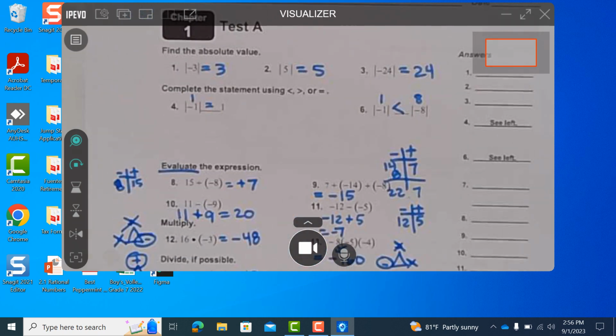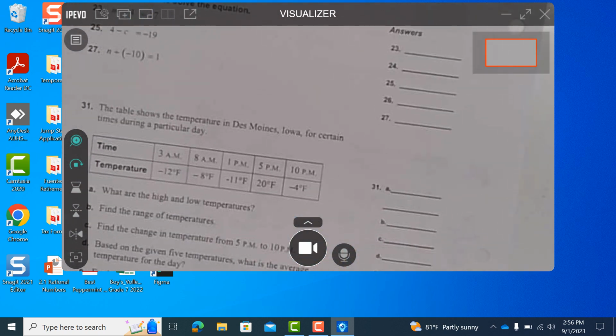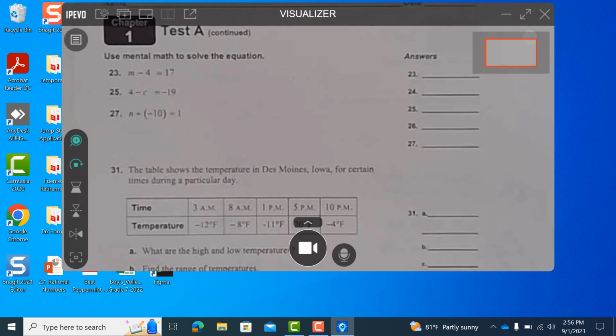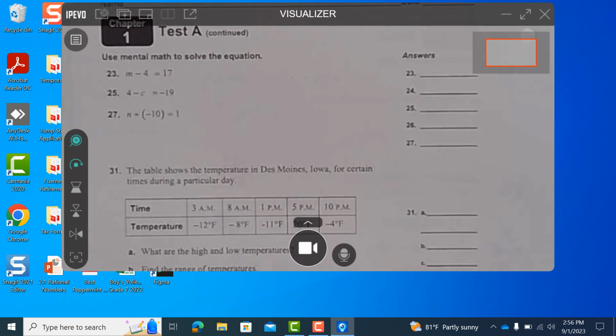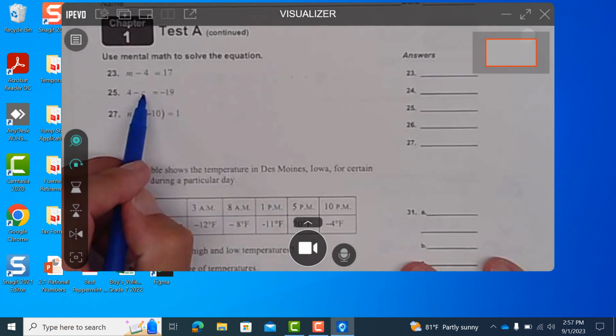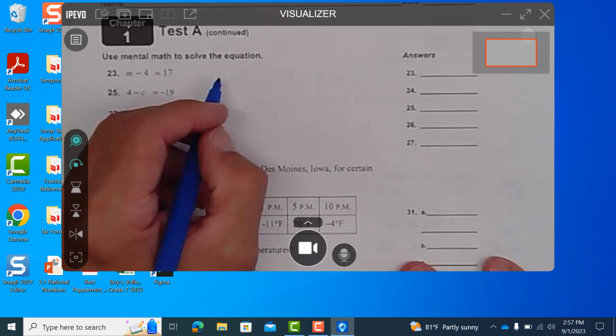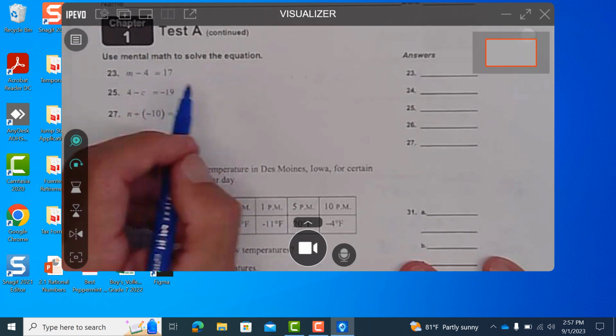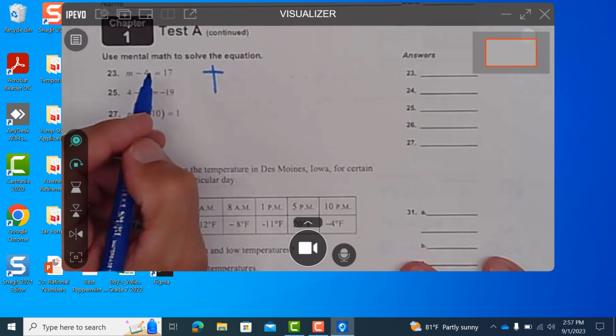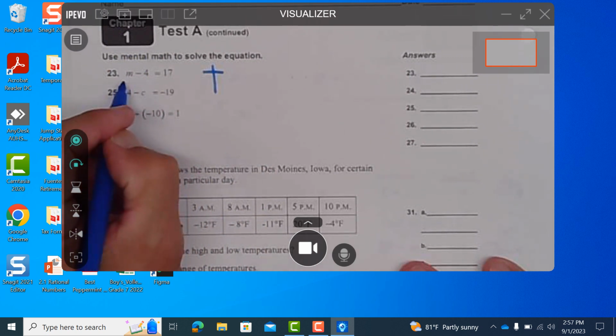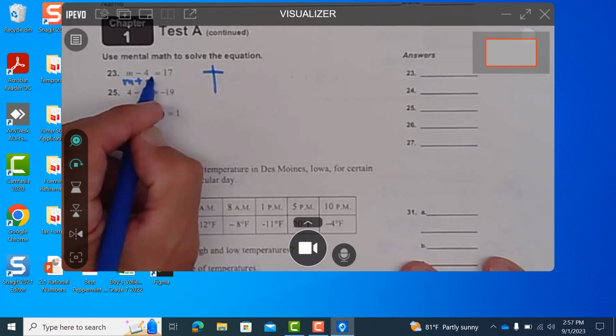Okay, turning your paper over. We've got some mental math, okay? And all we're doing is using the methods that we've taught you to solve for the variable. So M in number 23. In number 23, if we were to use the T-chart, this could be changed to M plus negative 4.